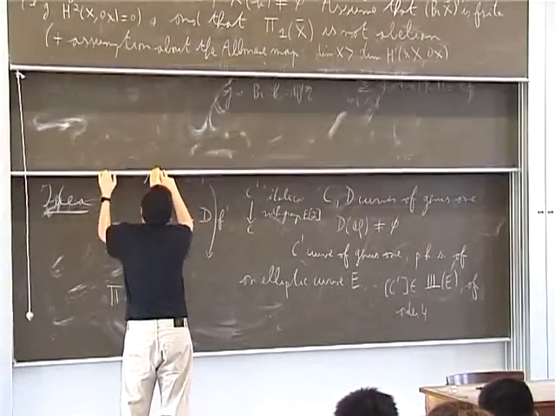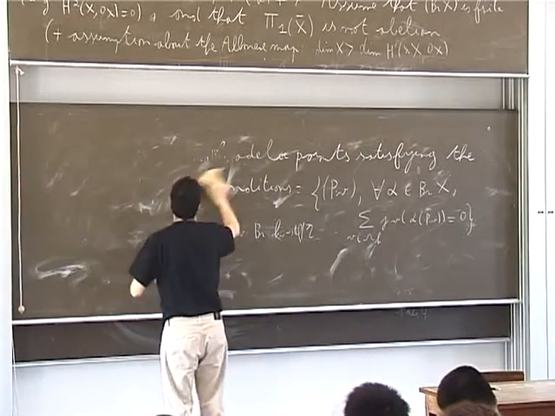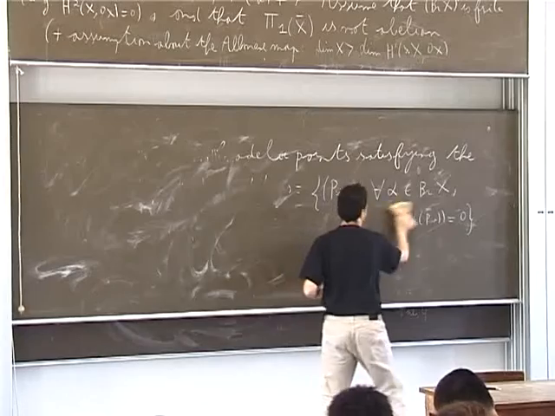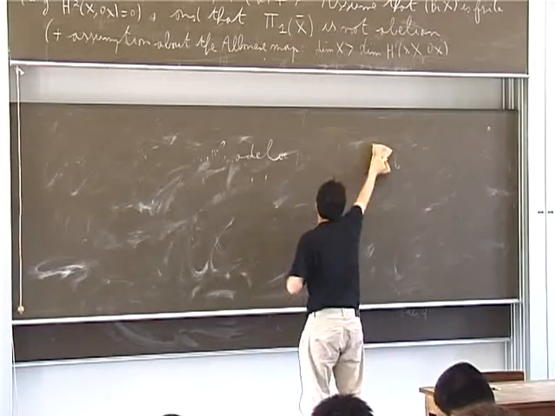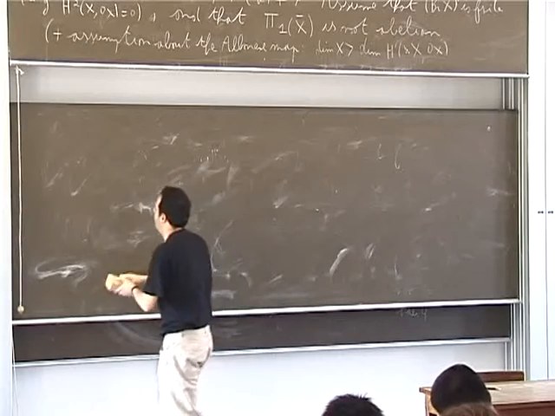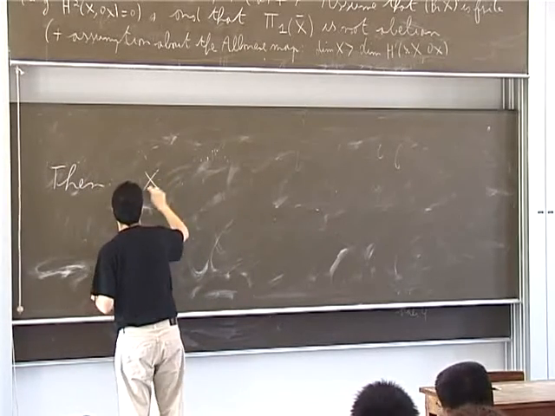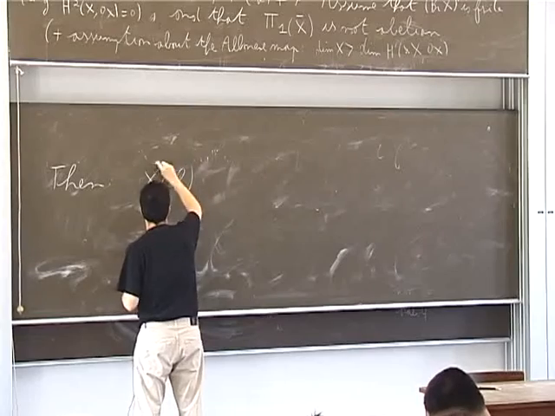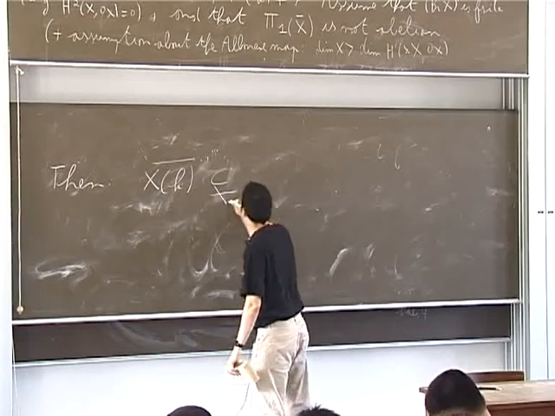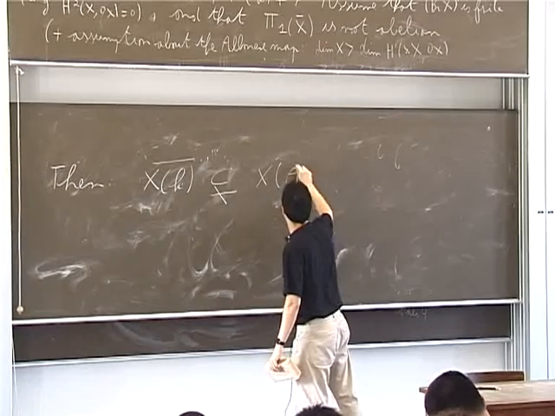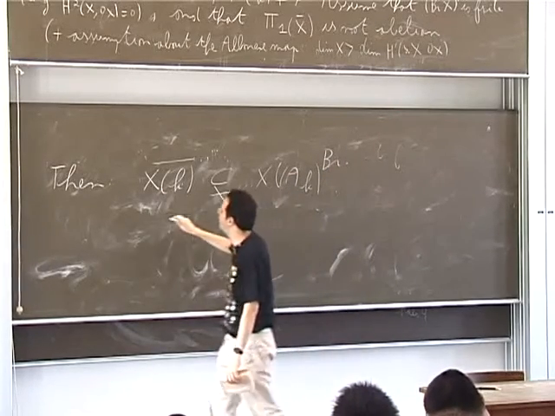And then what is the conclusion? Then the closure of the set of rational points is strictly smaller than the set of points satisfying the Brauer-Manin conditions.